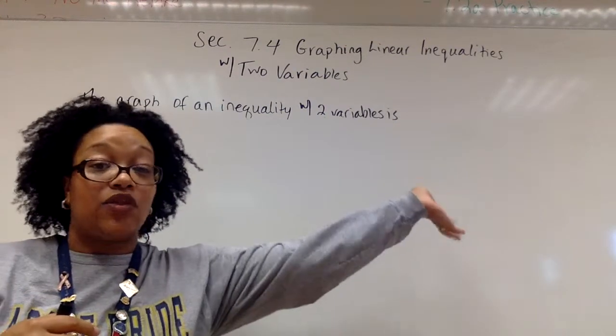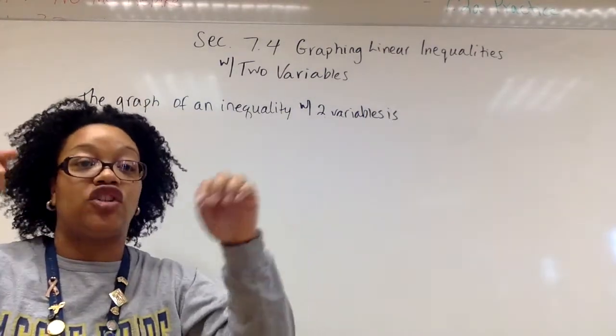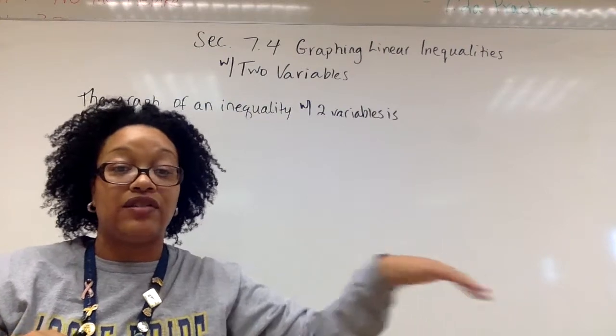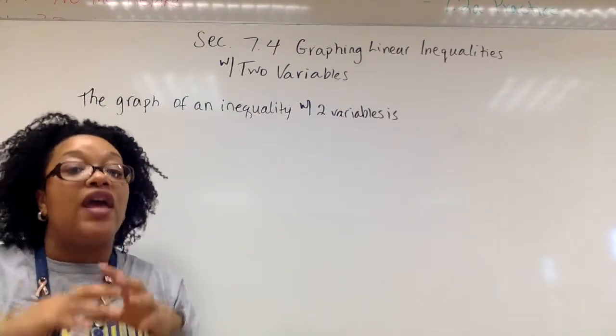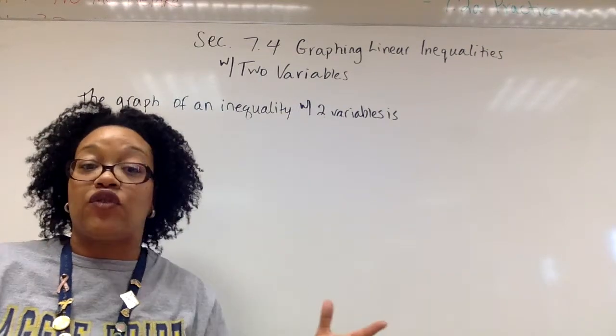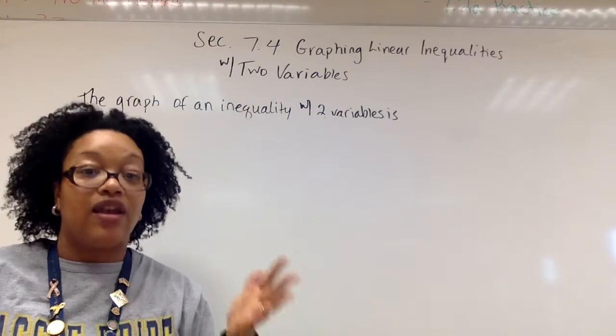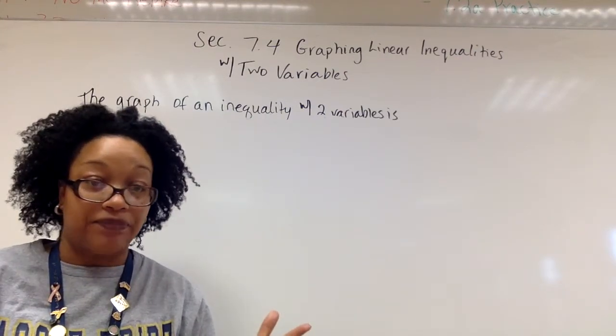But just like the way we started the unit at the beginning, where you had to draw the number line to show me the infinite number of solutions, you also have to show on the graph where your solutions are. They're not going to be to the left or the right. They're going to be in some region on your graph, okay?